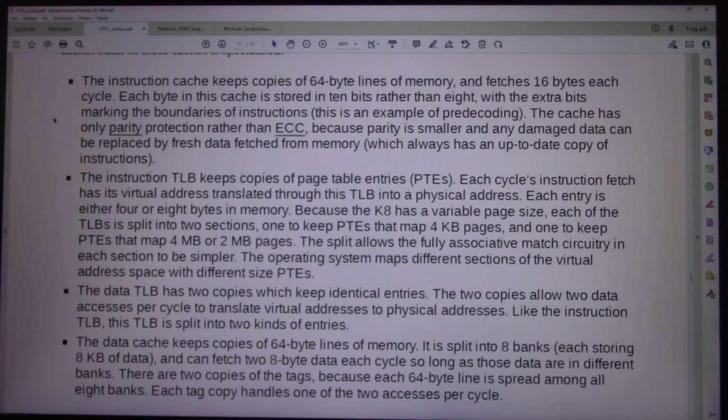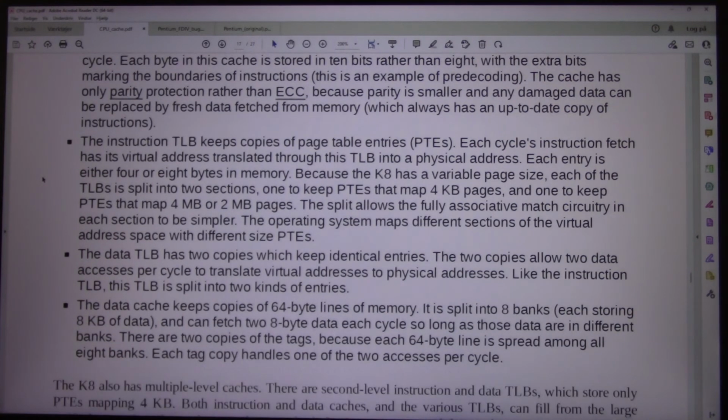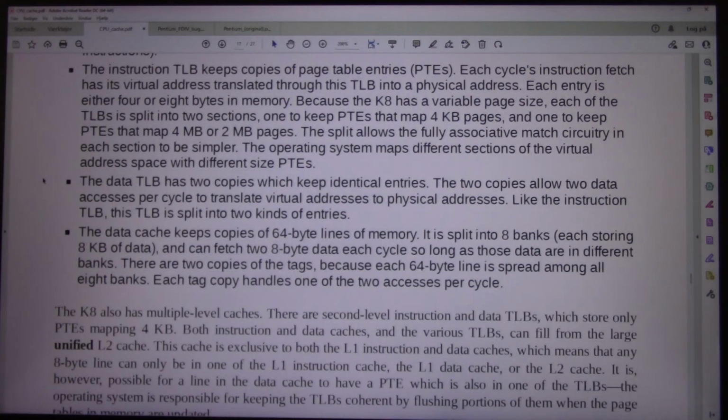The instruction TLB keeps copies of page table entries, PTEs. Each cycle's instruction fetch has its virtual address translated through this TLB into a physical address. Each entry is either 4 or 8 bytes in memory.